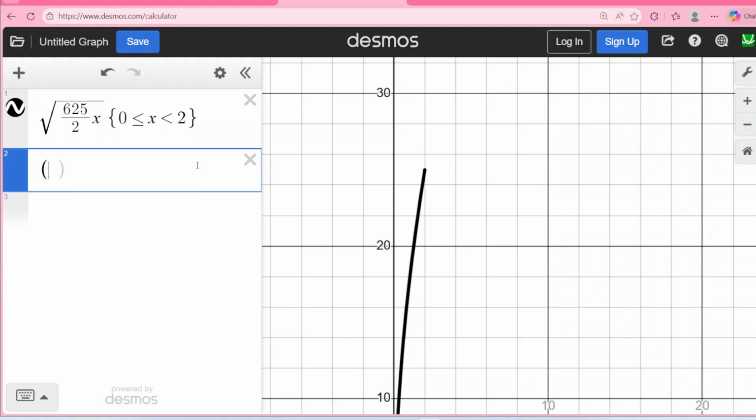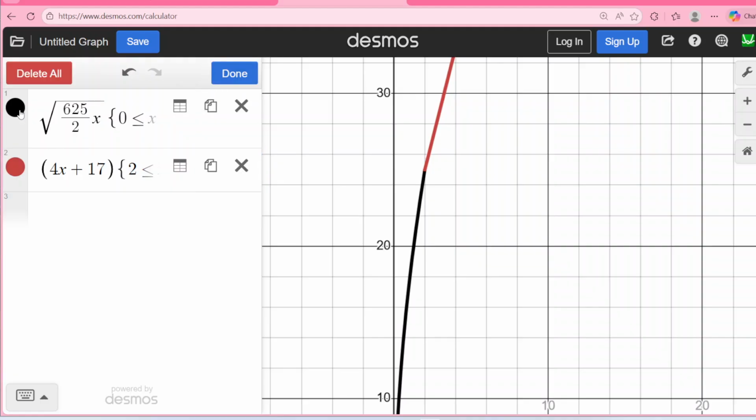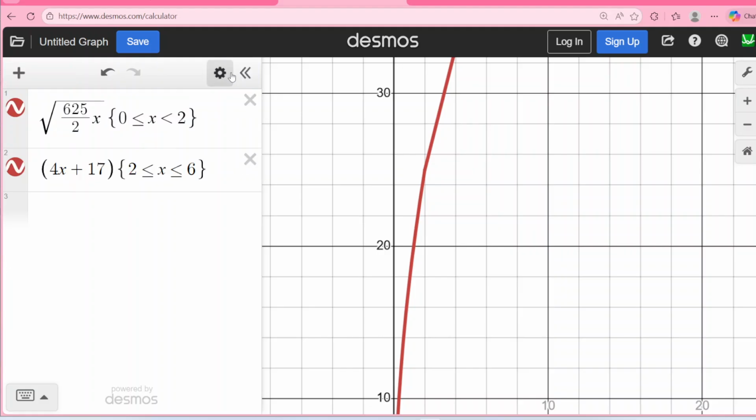Here's 4x in parentheses. There's multiple terms, 4x plus 17. But I don't want to see that entire line, right? So curly braces. I just want to see the part of it where x is between 2 and 6. And change the color. Make them both red or something.